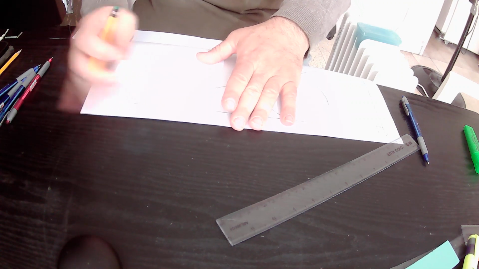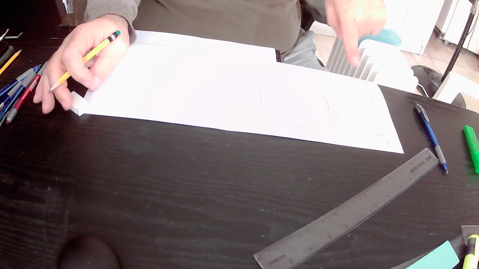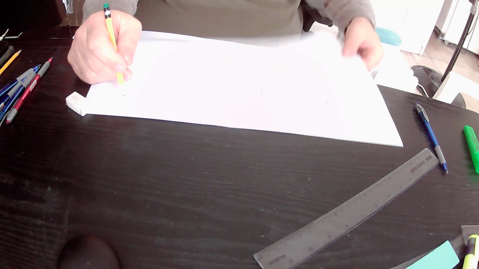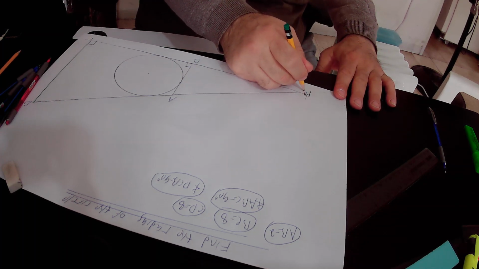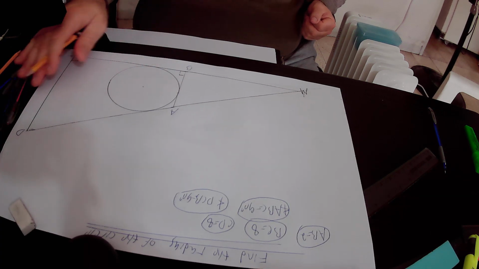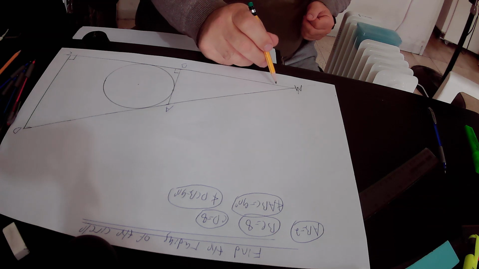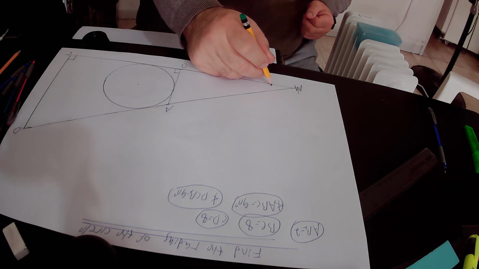We define the touching point of the extended side AD with the extended side BC as point M. We'll define this angle, actually angle DMC, as angle theta.